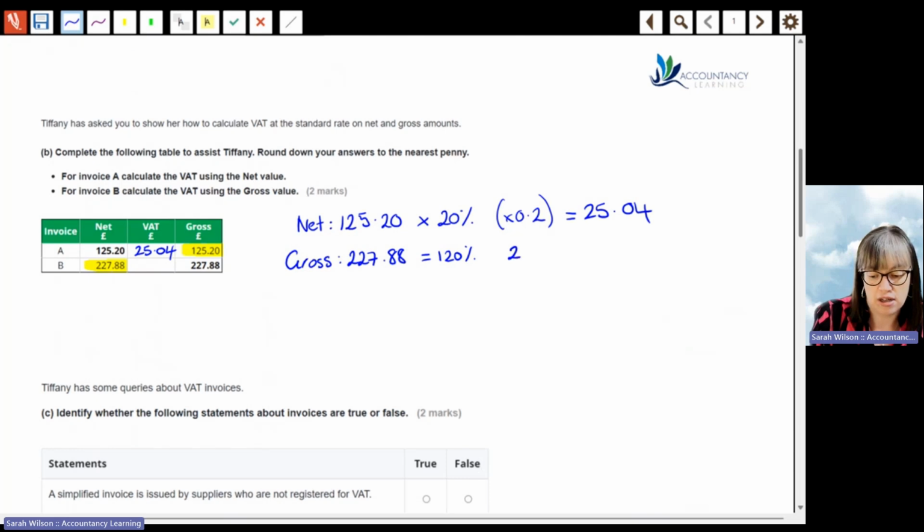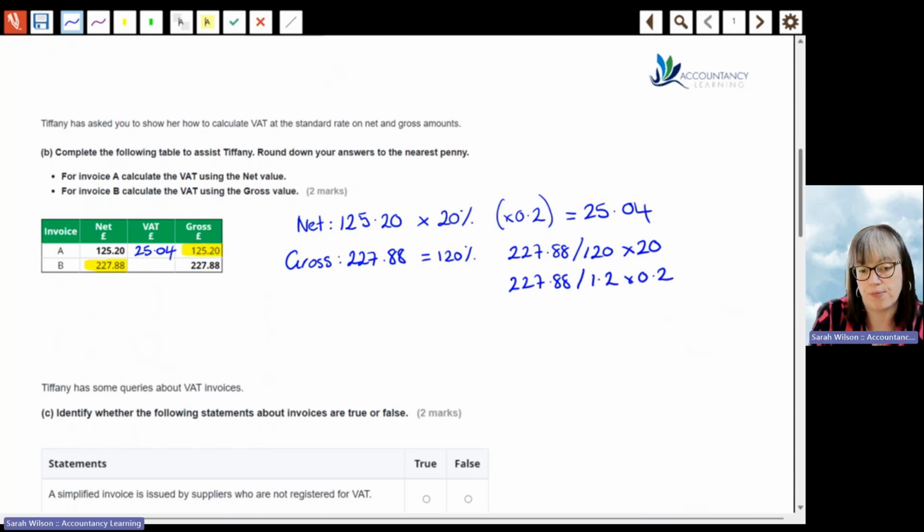You can either divide it by 120 and then multiply it by your 20%. So you're working out that VAT. You work out what 1% is and then what 20% is. Or if you prefer decimals, you can divide it by 1.2 and multiply it by 0.2. And both of those give you 37.98, and that's your VAT amount.